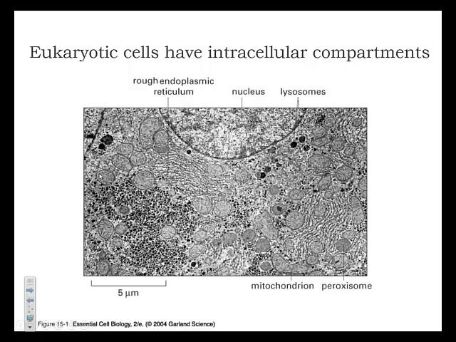Okay, the next compartment, it would move from where it's synthesized in the rough ER to the Golgi. And then it may go to the plasma membrane, lysosome, peroxisome.